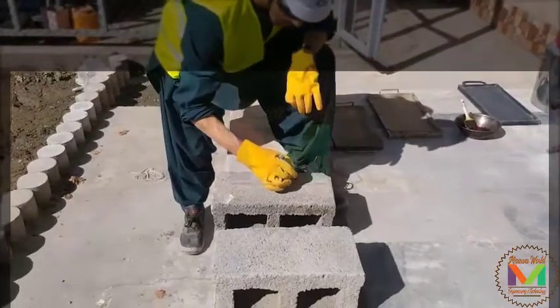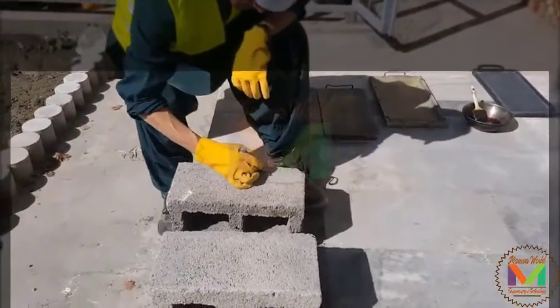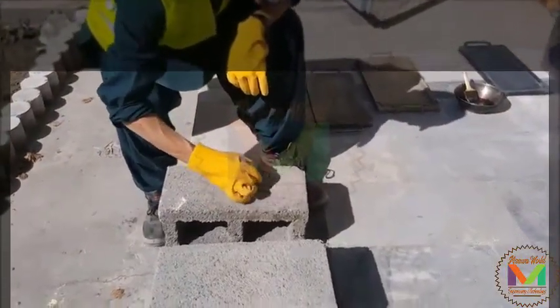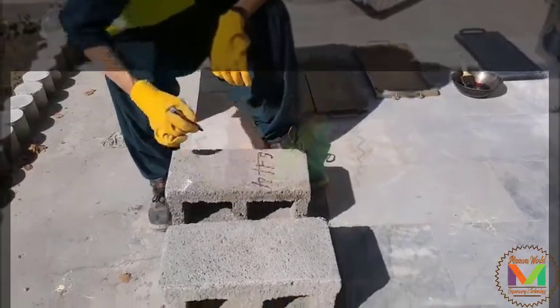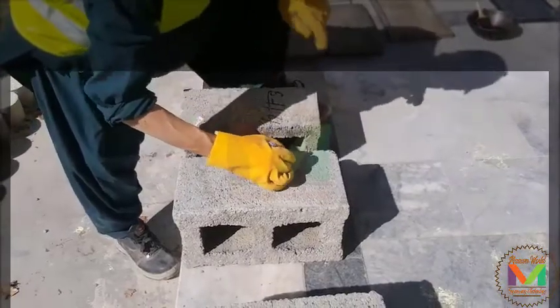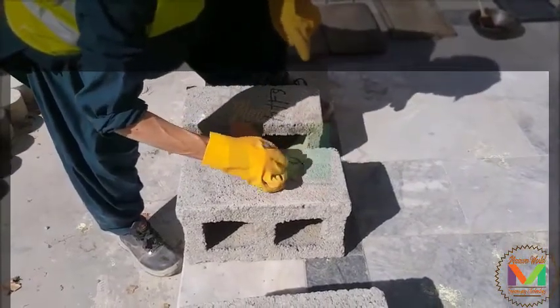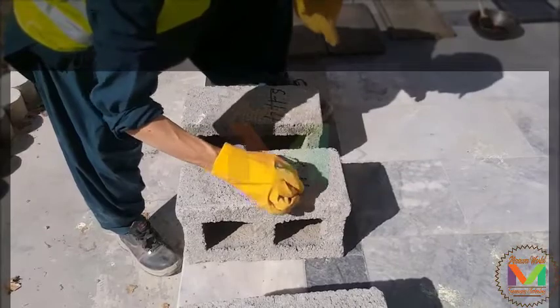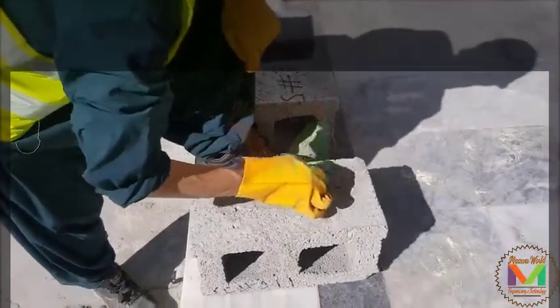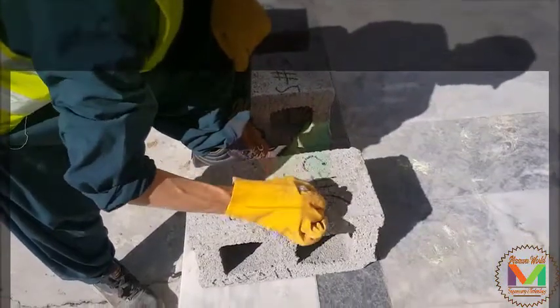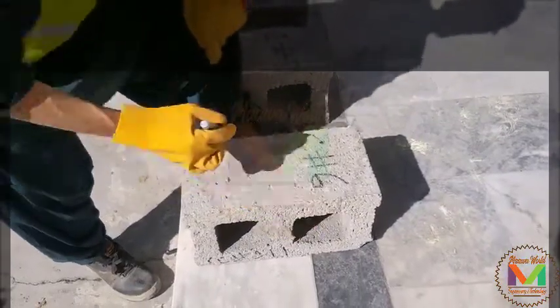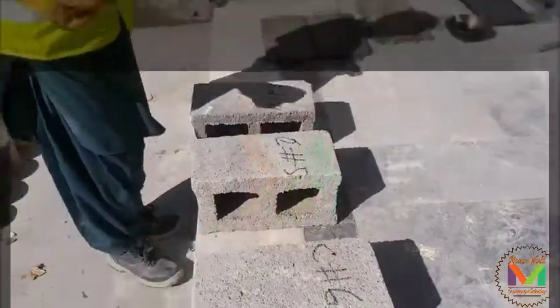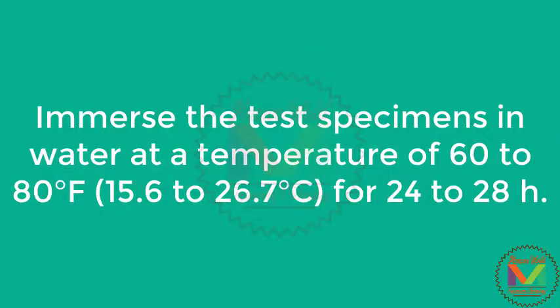I'm going to mark these 3 samples as sample C number 4, C number 5, and the last one is going to be C6. We need to immerse them in water for 24 to 28 hours for absorption.